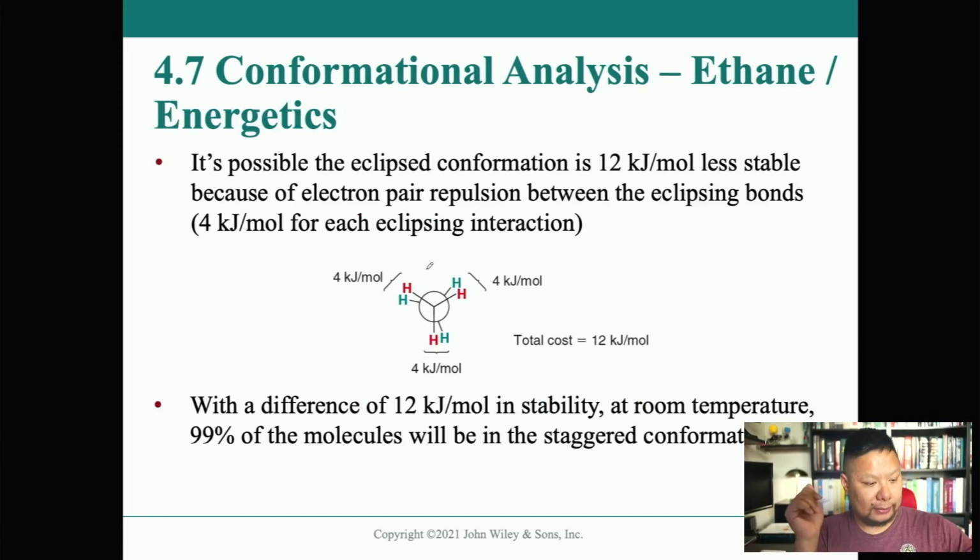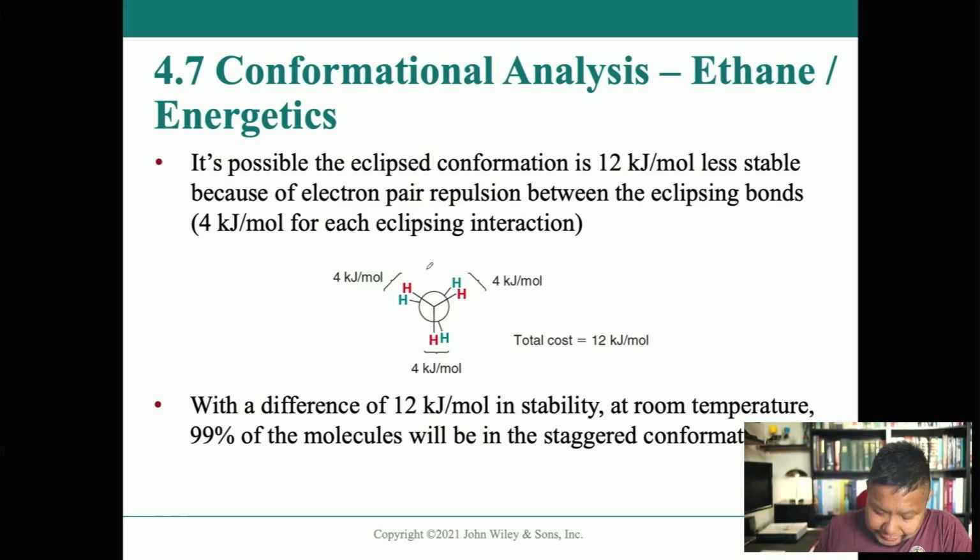Whew. That was a lot of talk. It's possible the eclipsed conformation is 12 kilojoules per mole less stable because the electron pair repulsion between the eclipsing bonds is 12 kilojoules for each eclipsing interaction.